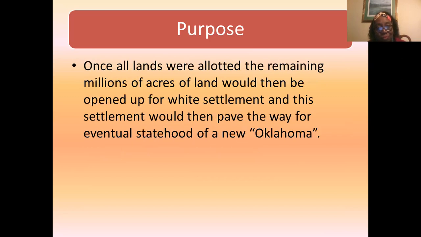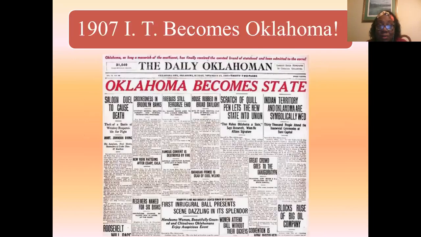So once this whole process ended, then the remaining acres, and there were millions of acres left, would then be opened up for settlement for white settlers to come in and pave the way for statehood, which was an eventual result. In 1907, Oklahoma joined the Union.